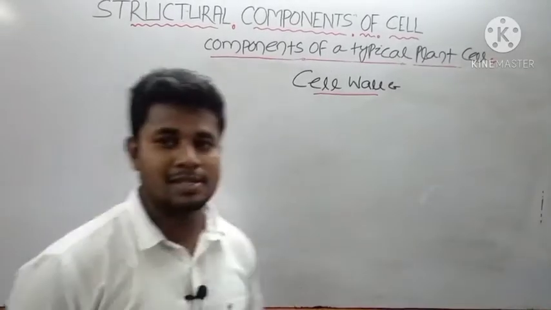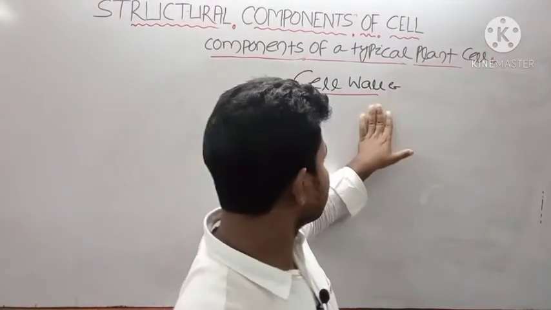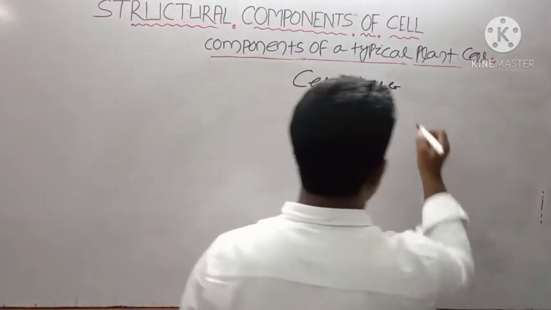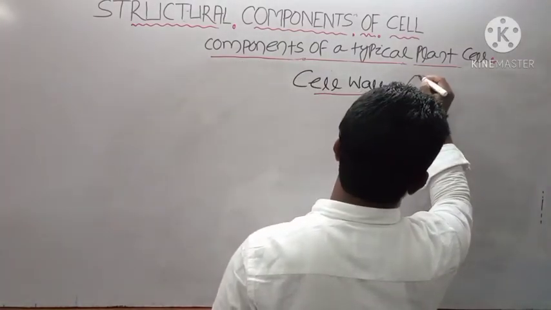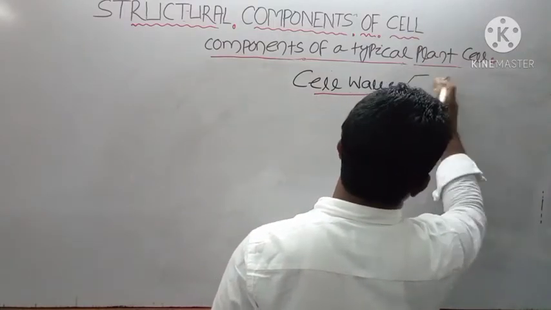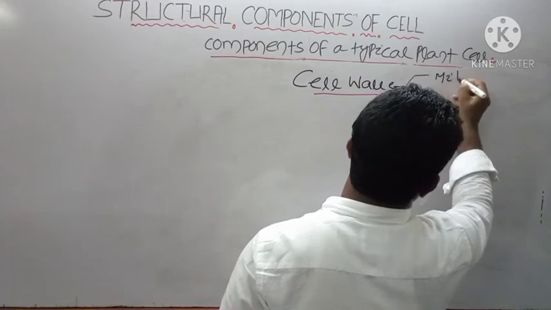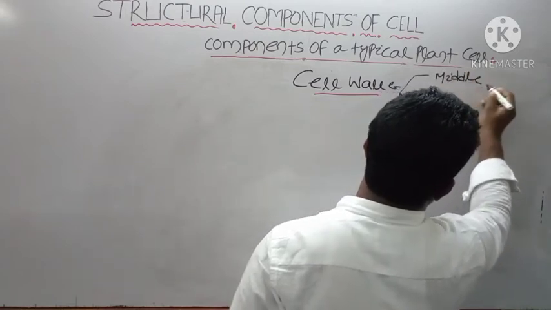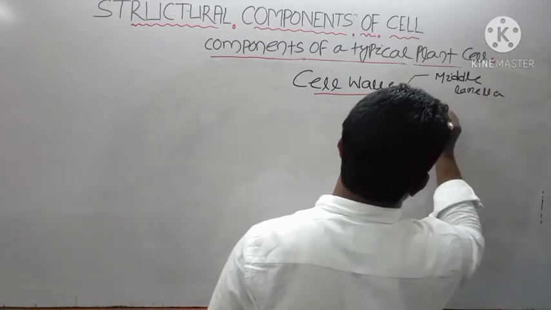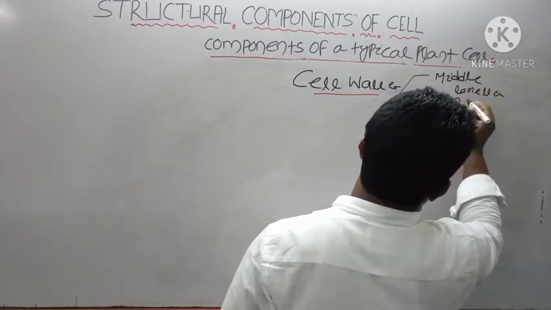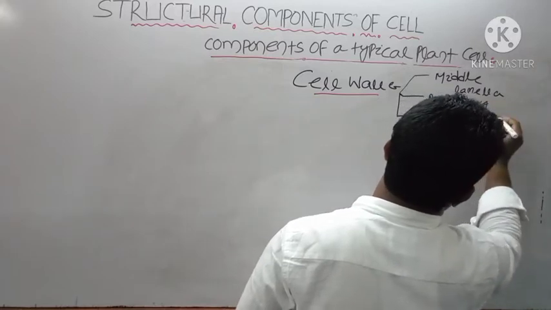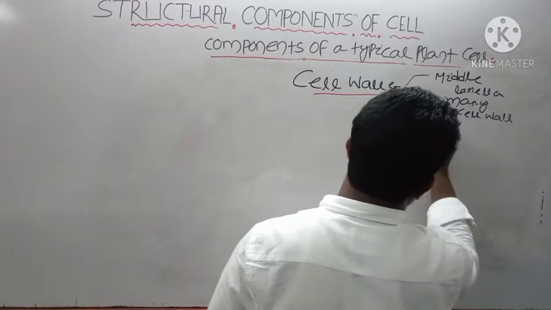Now let us discuss the main structural component of the cell wall, which is the non-living part of the plant cell. The cell wall is basically divisible into three parts: middle lamella, primary cell wall and secondary cell wall.